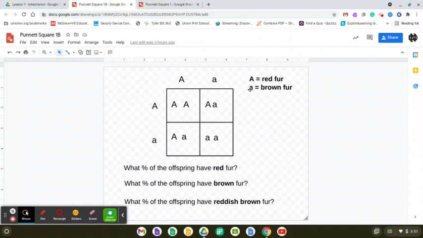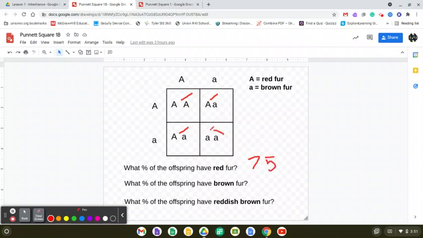So red fur is dominant, and little a is recessive, so brown fur is recessive. Now we can ask ourselves, what percent of the offspring have red fur? Since red is the capital A, we're looking for a capital A. This one has capital A, this one has capital A, this one has capital A. So what percent have red fur? That would be 75%.